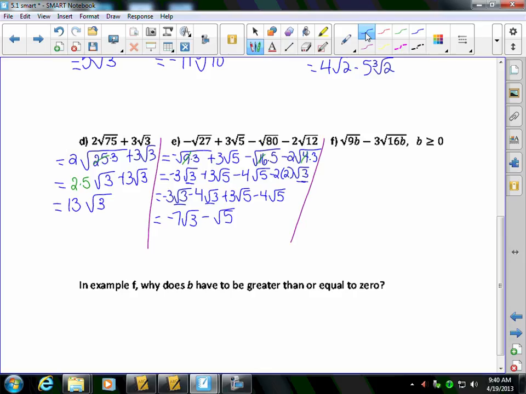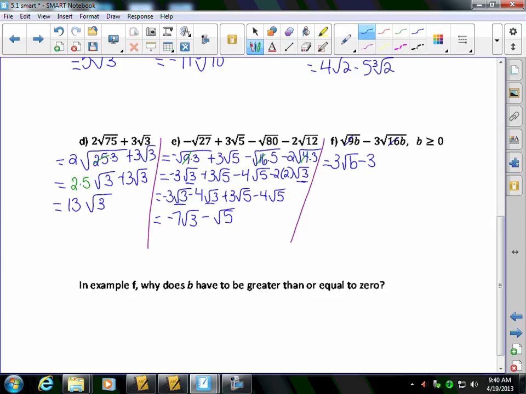So square root of 9b: square root of 9, that's a perfect square, that's going to leave me with a 3. I can't do anything with that b, so it stays square root b. Square root of 16, that's a perfect square, that's a 4.